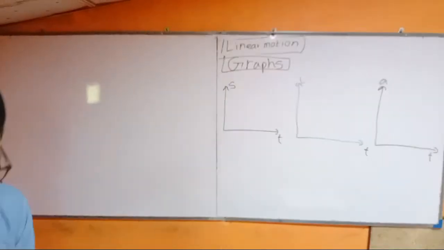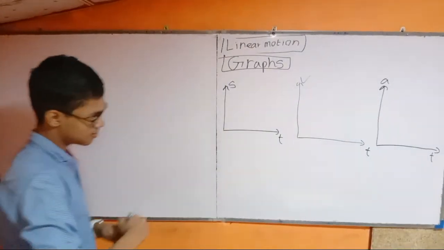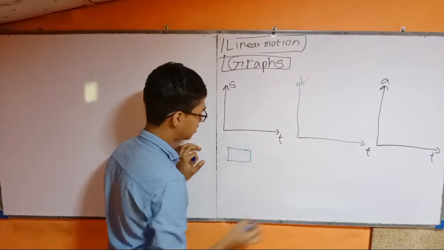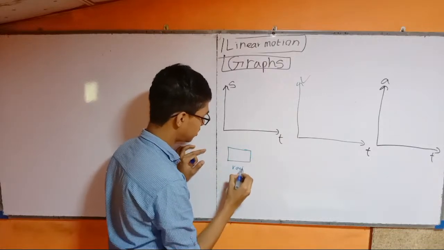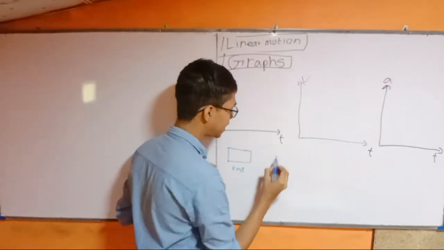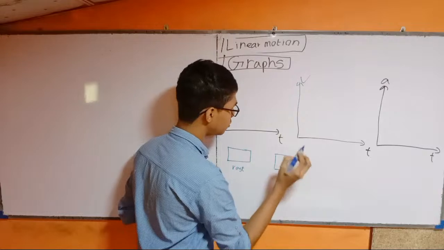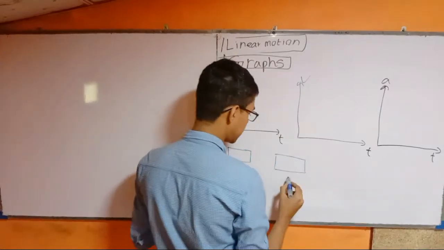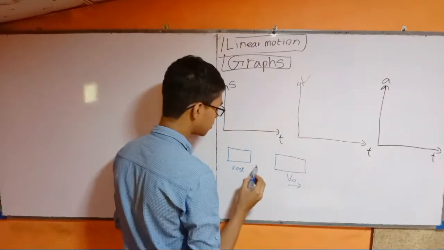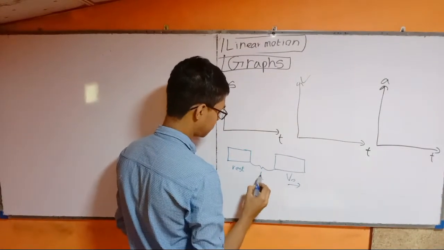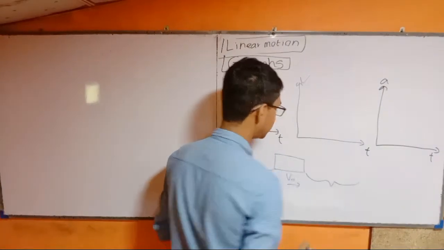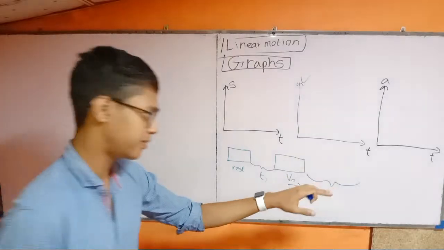Then let's analyze an object that is at rest. Now this guy is accelerating and coming to here. Let's say velocity v naught in this direction. The time is t1. Then from here to here, he doesn't accelerate. He goes in uniform velocity.